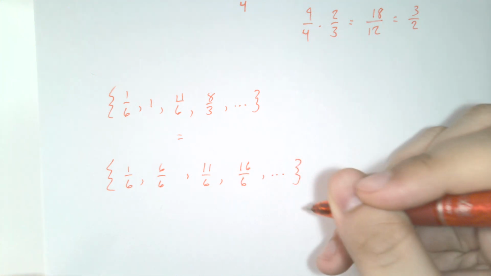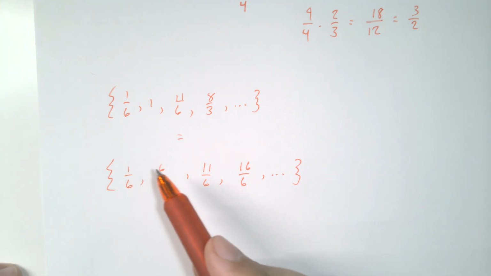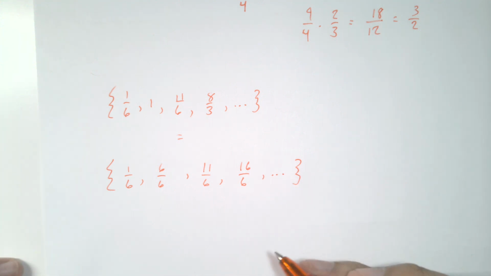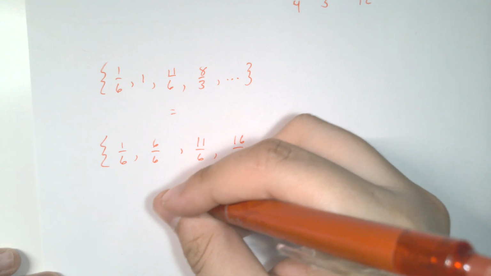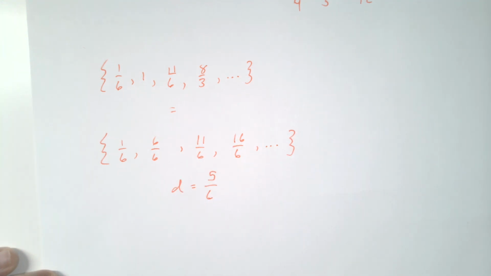And now it may be more clear what our common difference is, because look, we have a 1, a 6, 11, 16. So, since these all have a common denominator of 6, we are adding 5 over 6 every time to find the next term.